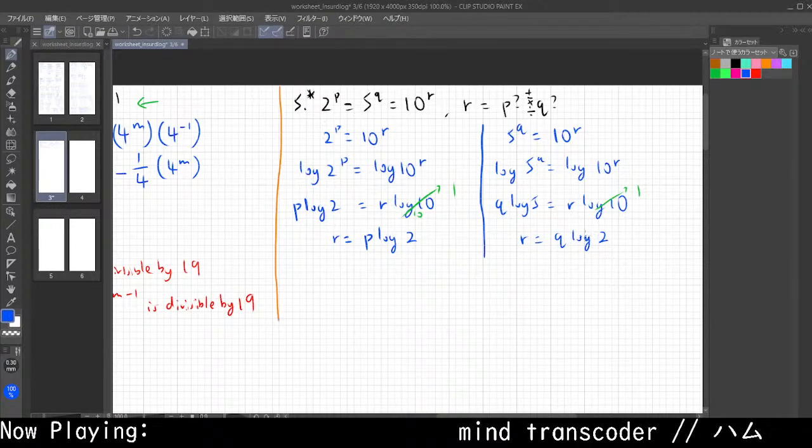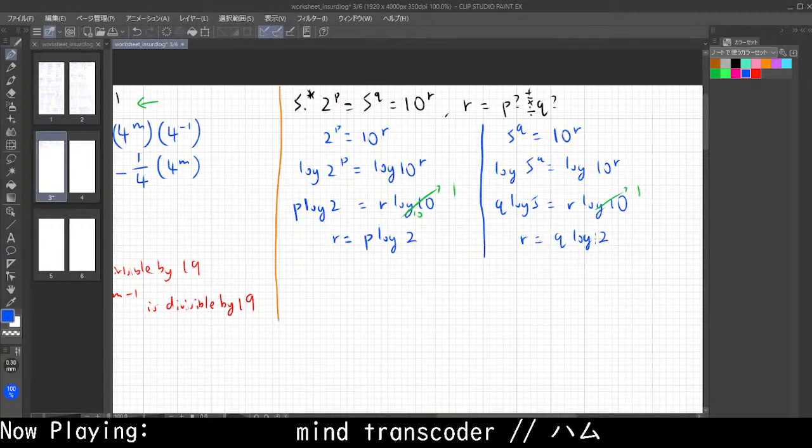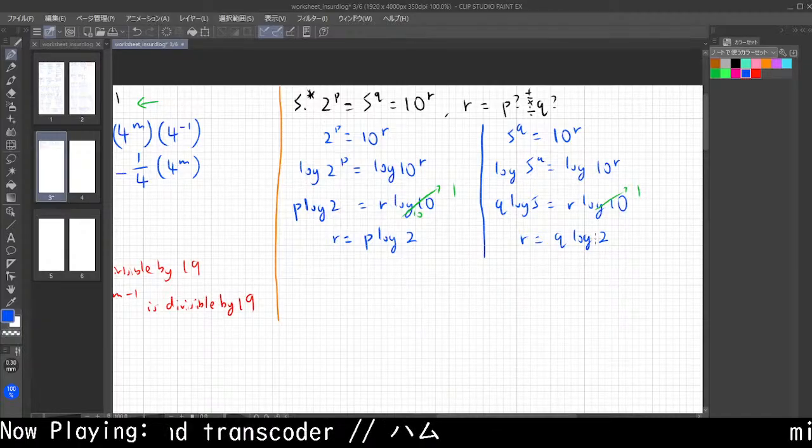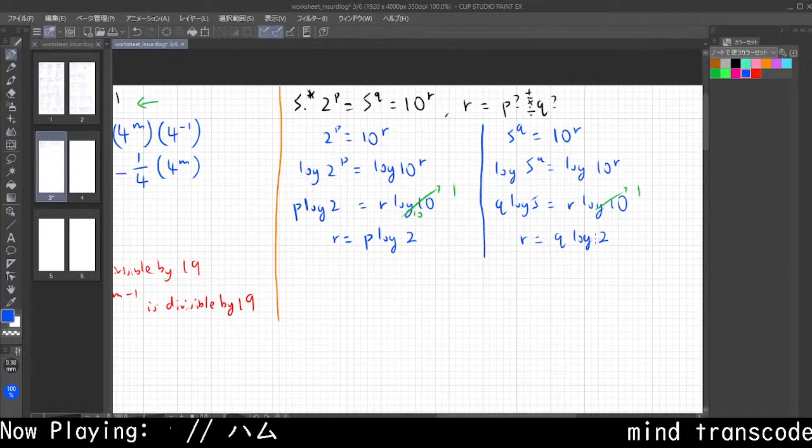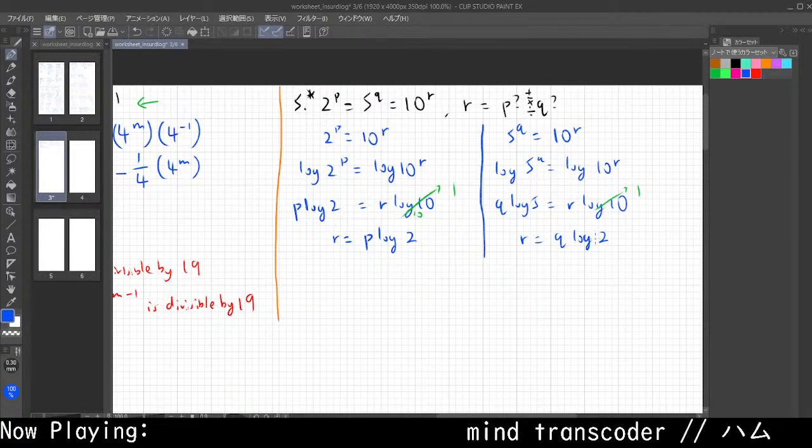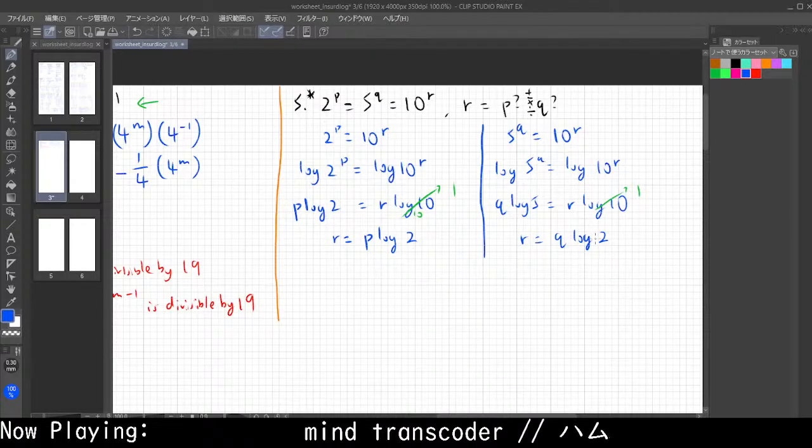So these two things happen to be equal, right? I don't have the answers right now, but if you look at it, the question says p and q, but it doesn't say that you cannot have two answers.